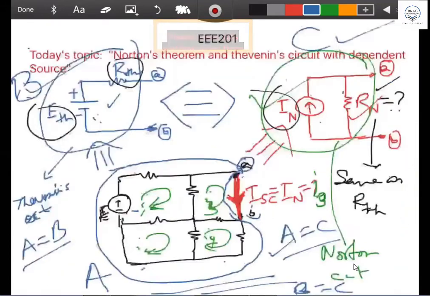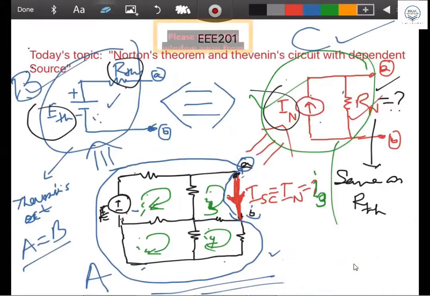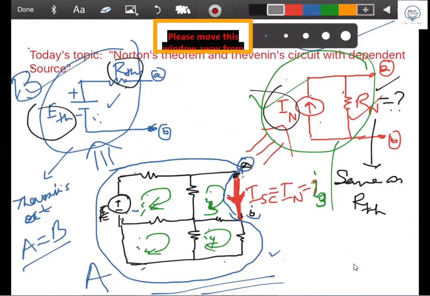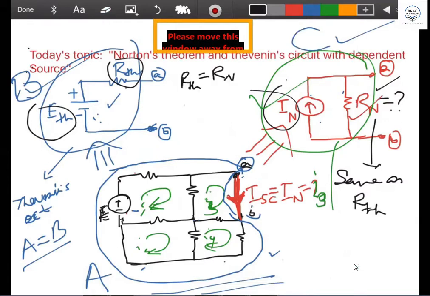The same thing happens here. If I say these two are equivalent, then what can we say from these two? We can say that R Thevenin is equal to R Norton, isn't it? R is equal to RP.